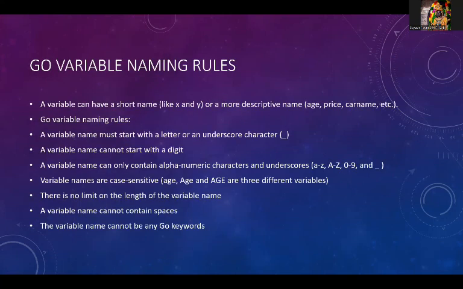Now we'll talk about the naming rules that we need to take care of while working with variables in Golang. A variable must have a short name like x and y, or a more descriptive name like age, price, car name, etc. It is generally recommended to use shorter names, because it provides more readability to the user.